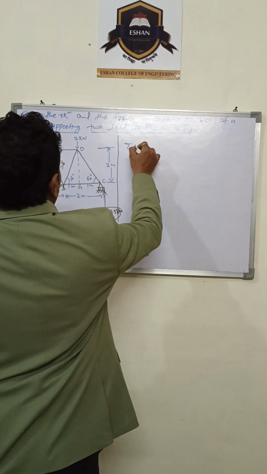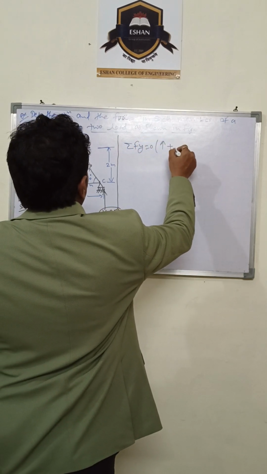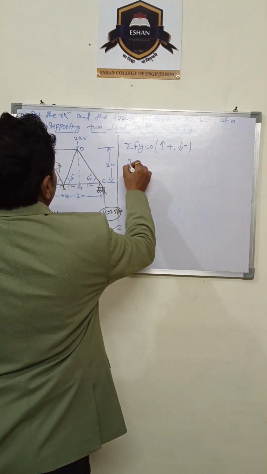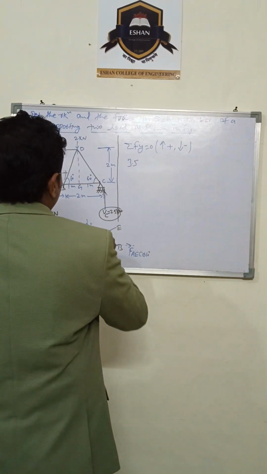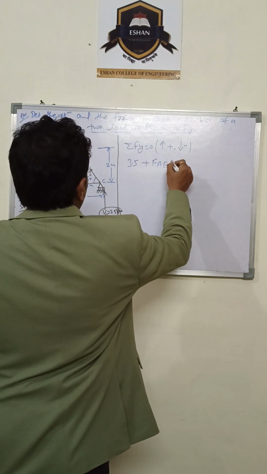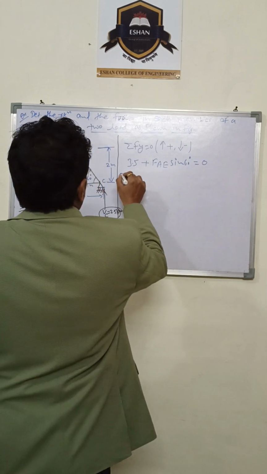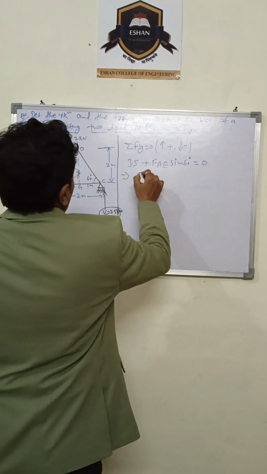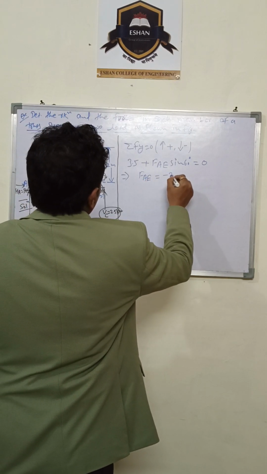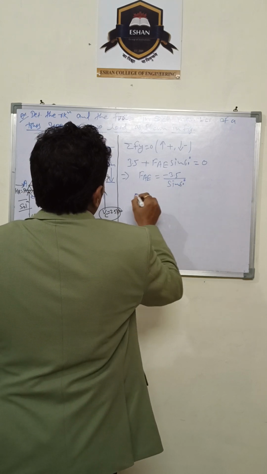Now apply the equilibrium condition. Summation of Fy equal to 0, upward positive and downward negative. 3.5 upward positive, plus FAE sin 60 degree equal to 0. Now FAE equal to minus 3.5 upon sin 60 degree.